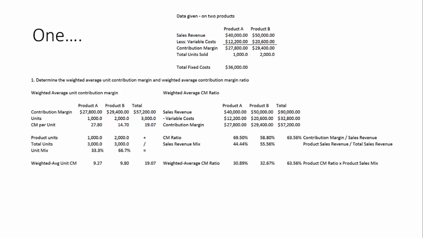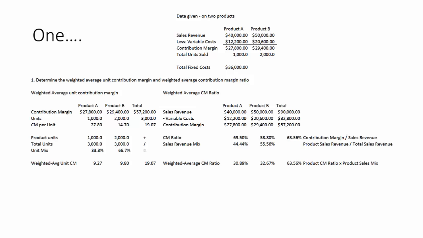You can also calculate this a second way. In the scenario, we have 1,000 units for product A and 2,000 units for product B. The total units are 3,000. If we take the units for product A of 1,000 and divide by the total units of 3,000, we get 33.3%.